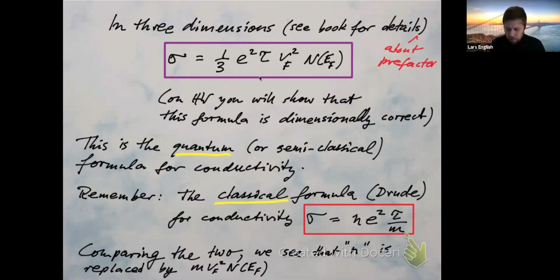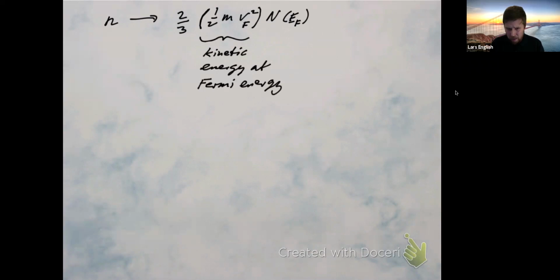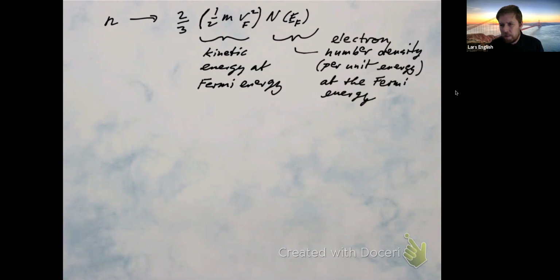So what is the interpretation there? What's the conceptual picture? Well, in the classical formula we had n. In the quantum formula we have this beast here, where this is the kinetic energy at the Fermi level, and this is the number density per unit energy at the Fermi level.